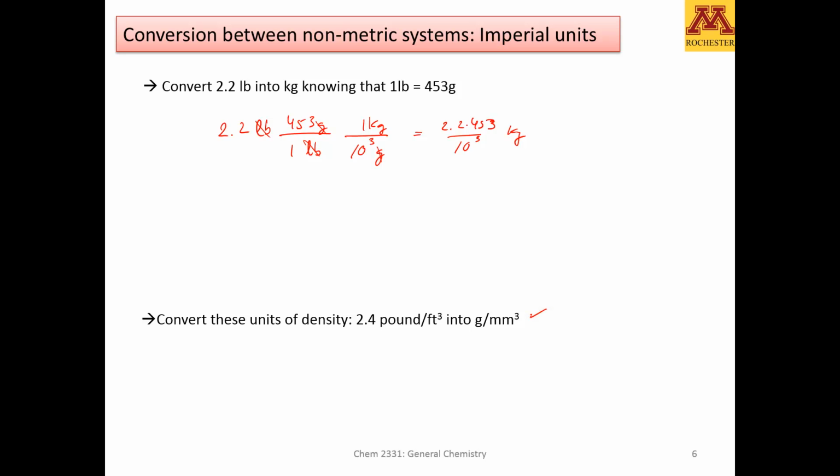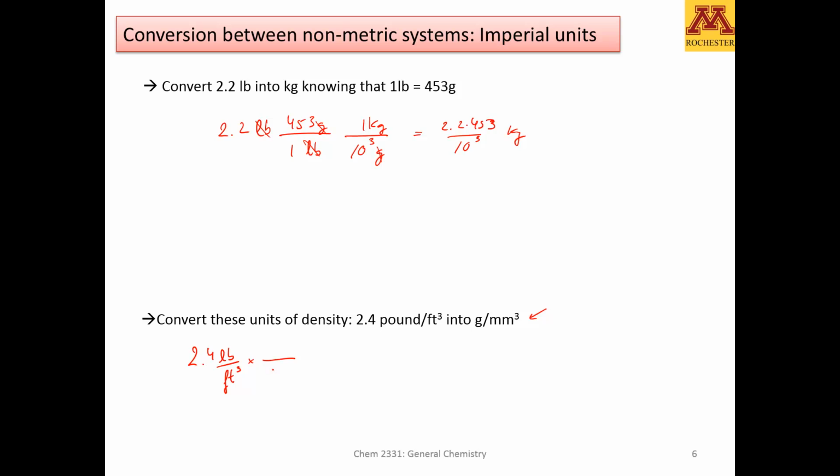Now, something a little bit more fun is to convert units of density, one expressed in imperial units, the other in the metric system. So we have 2.4 pounds per cubic foot. Let's first take care of the units of mass, the pounds into grams.